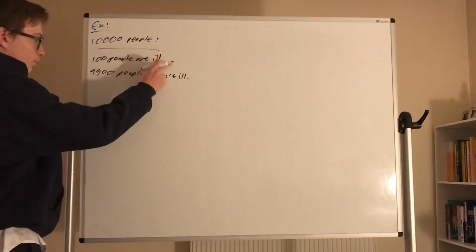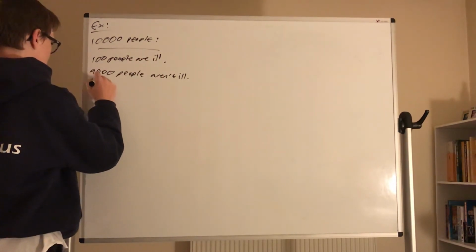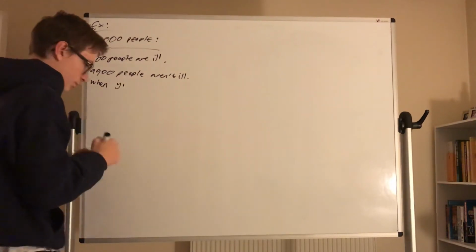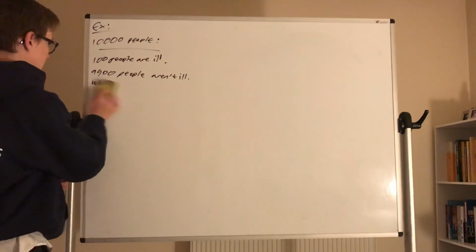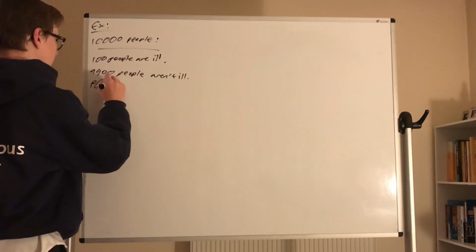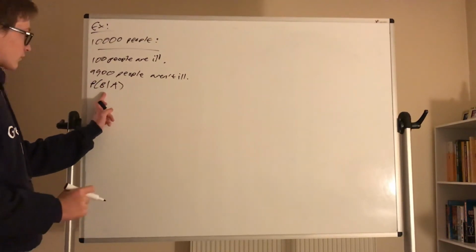So, if you are ill, let's just write it as P of B given A, because that's much more concise notation. A is that you're ill and B is that you get a positive test result.